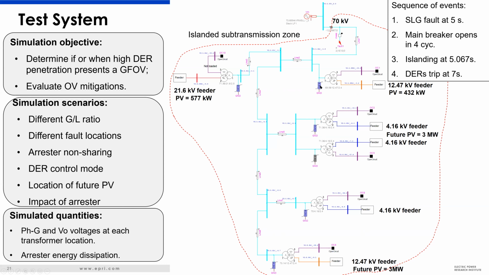So another interesting thing is that this level that we captured here was basically the GL level at which the GFOV problem started to occur. So at higher levels, 100%, 150, and 200, this voltage increases and the problem also exists there. But the interesting thing was that this number was exactly matching the number that the utility currently had as their hosting capacity cap.